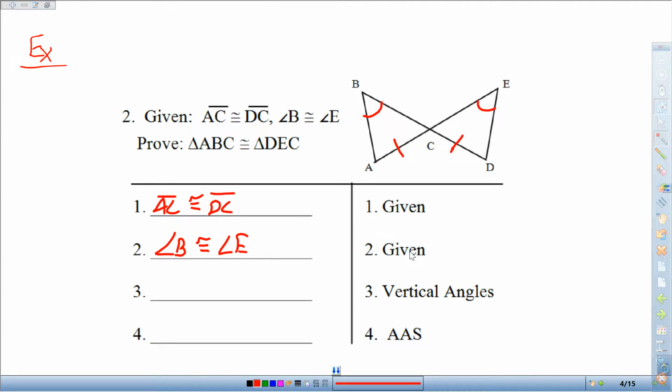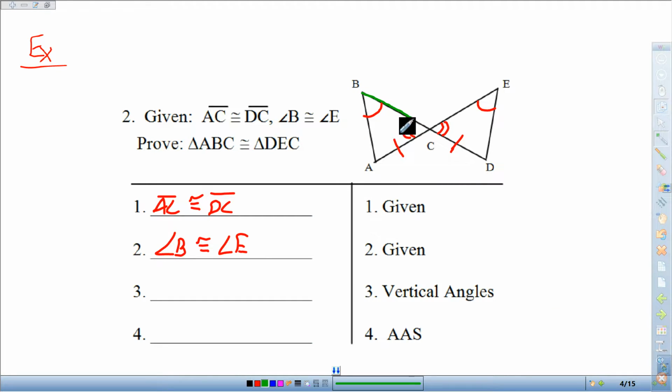Now we need to find the rest of the information on our own. There's nothing else given to us, and hopefully you're noticing, oh yeah, we've got some vertical angles, which is the very next reason. We could have used that as a clue. Yes, we can say this angle is congruent to this angle. When you go to name the angles, remember we can't call this angle C because there's two angles with C as its vertex.